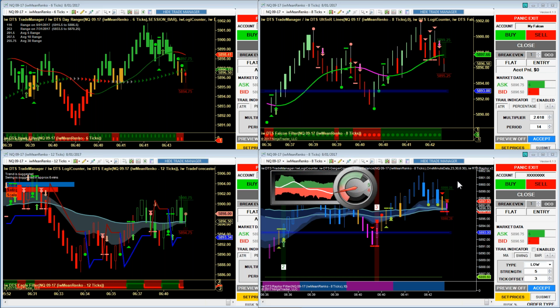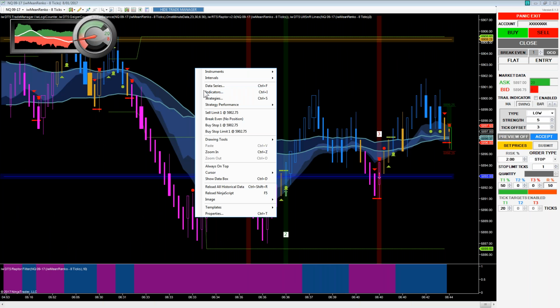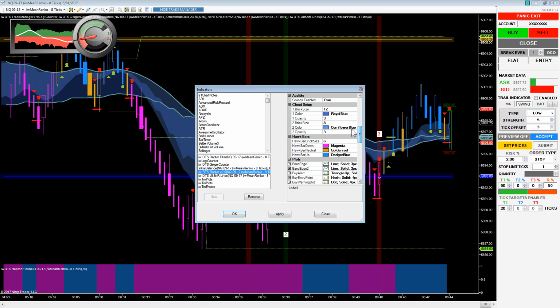So with the Raptor, what you're going to do is go into your Raptor window, and we're going to change the cloud size from the default 8 and 12 to 4 and 6.